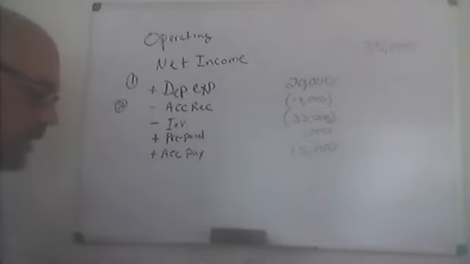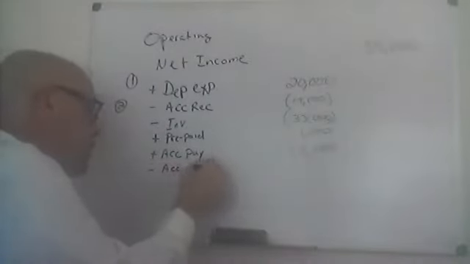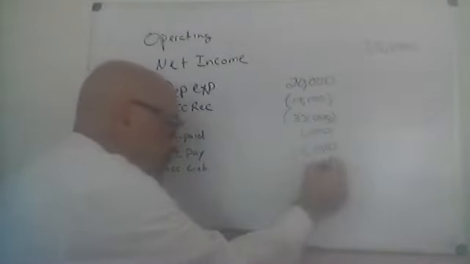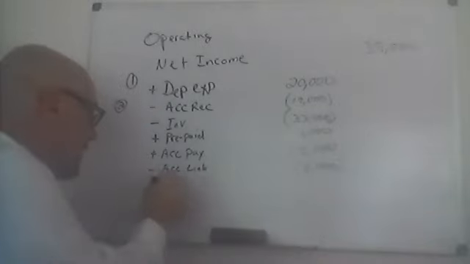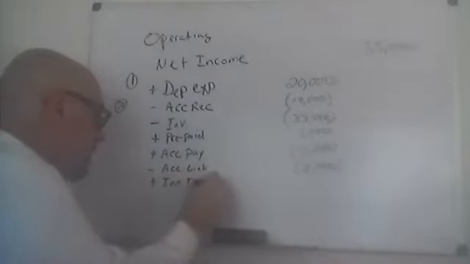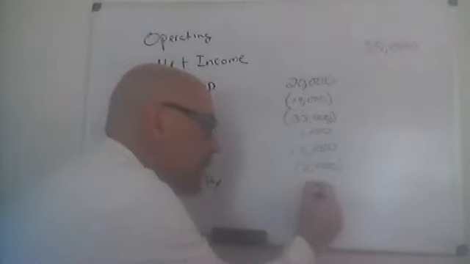The accrued liabilities went down by $2,000, so we will subtract those. And our income taxes payable increased. Again, liabilities follow exactly right along, so it increased. So I am going to adjust it by adding that amount. It went from 30,000 to 34,000.